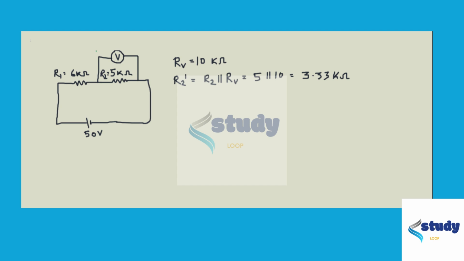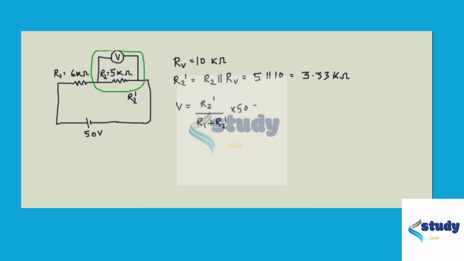Now this whole setup here is R2 prime, to make you understand. This whole setup is R2 prime, right? Now the potential that it would measure, V, would be equal to R2 prime upon R1 plus R2 prime into 50, right?